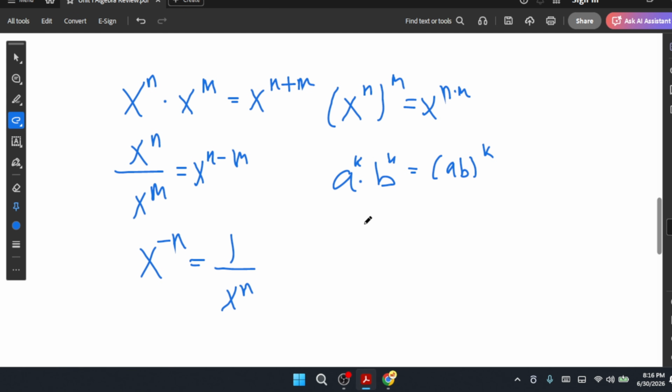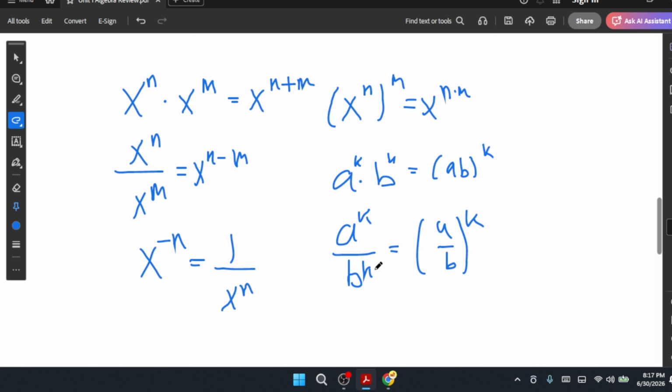And also, if you encounter the same exponents but different bases and they divide each other, let's say a to the k over b to the k, that means it's the same thing as a over b to the power of k.